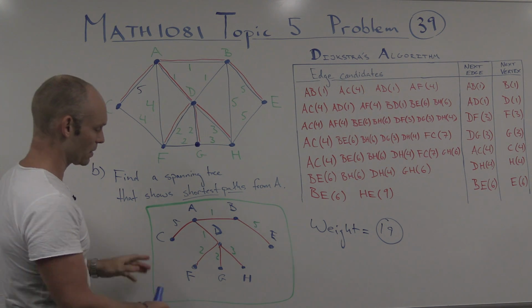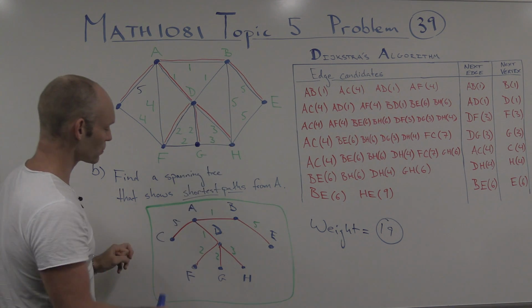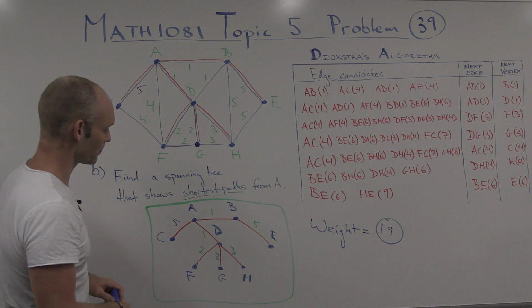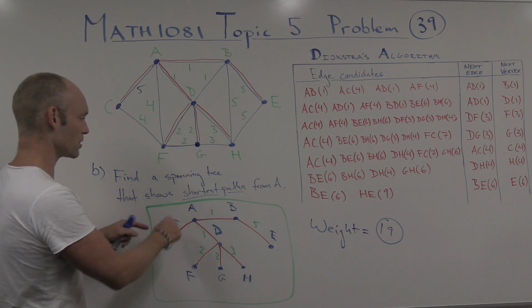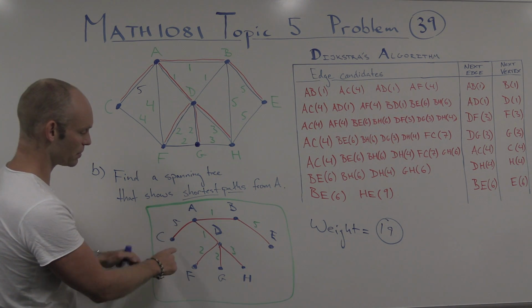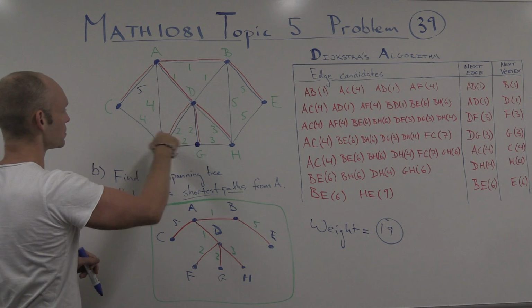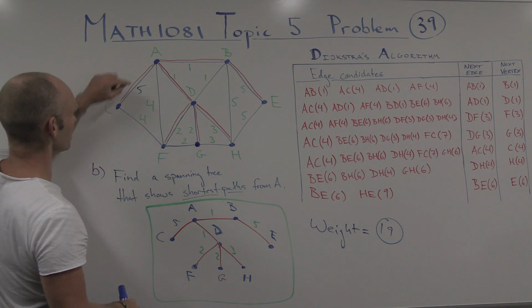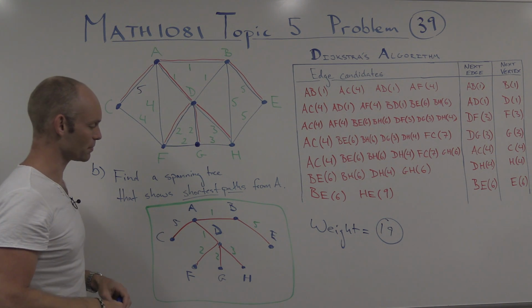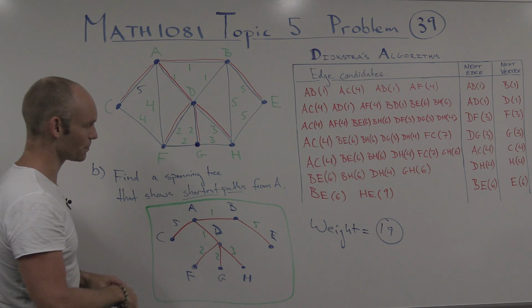But in Dijkstra's algorithm, this would still be a spanning tree with shortest paths from A to all of these vertices, including C, because from A to C, the shortest way is going directly from A to C along that path. So this would be an example.